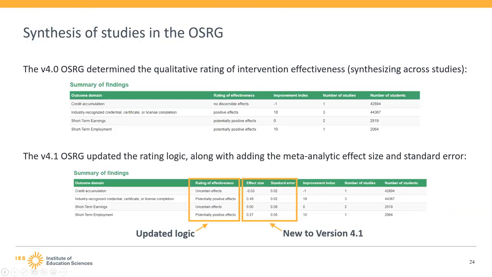These values synthesize effect sizes across studies. In addition, the rating of effectiveness column now reflects the updated rating logic that the OSRG will apply. Josh will now show this user interface for generating syntheses in the OSRG.